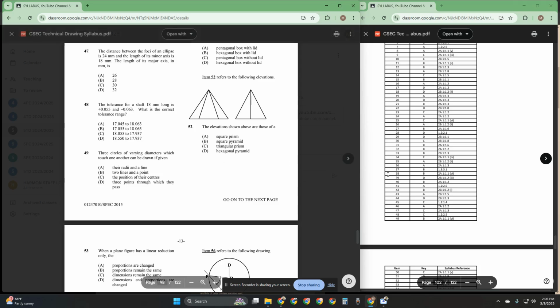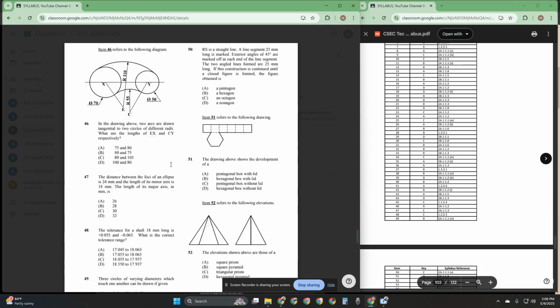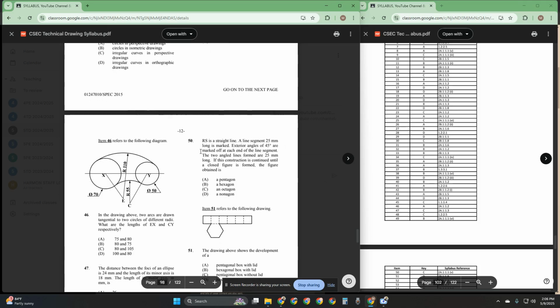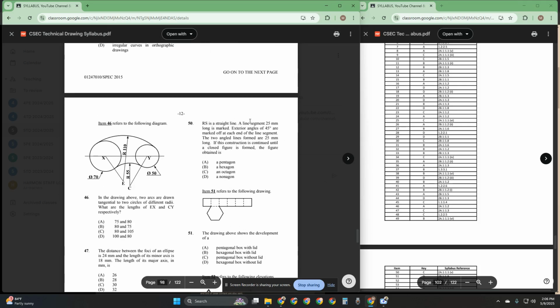This is a good question. Number 49, B. If you give 2 lines and a point, then we can accomplish this. So number 49, B.